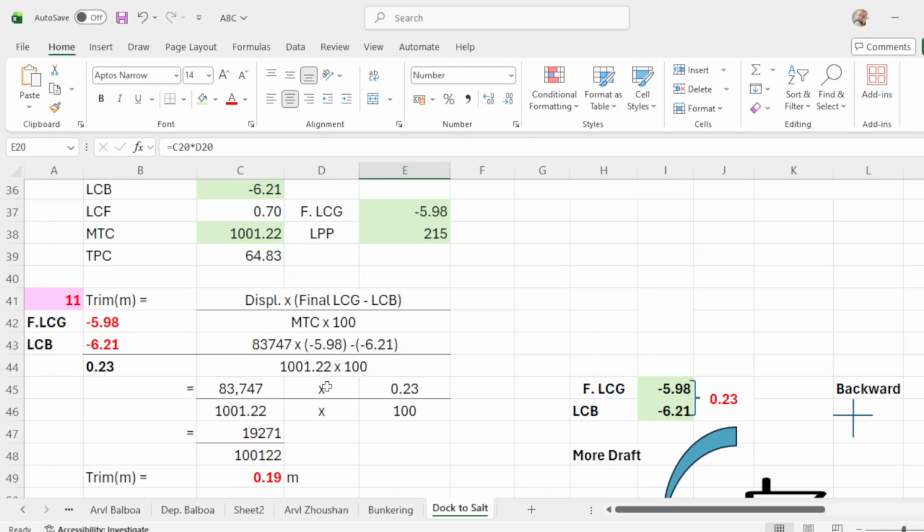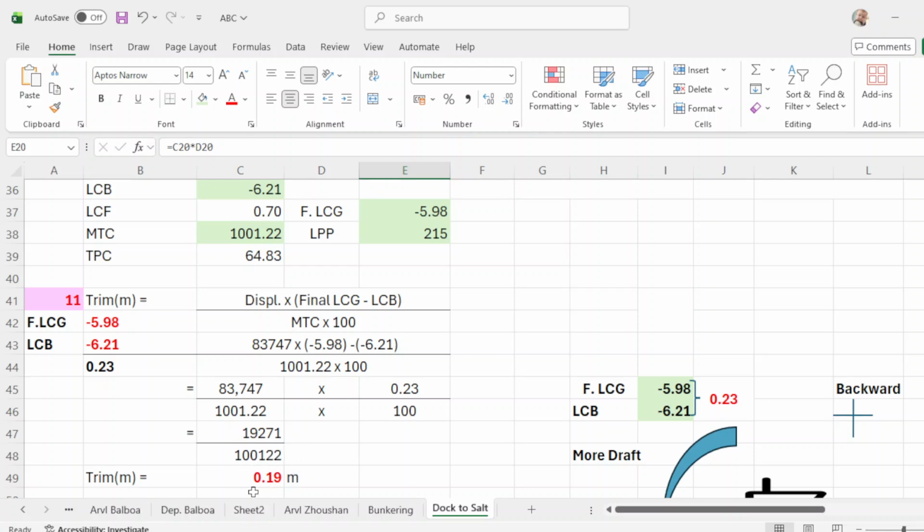So displacement, which is 83747, times this distance, that will be 19271, and your MTC, which is 1001.22 times 100, that will be 100122.